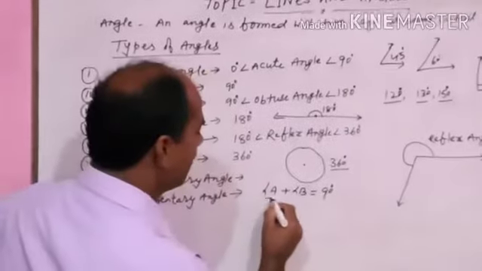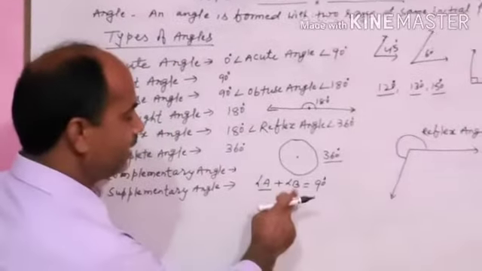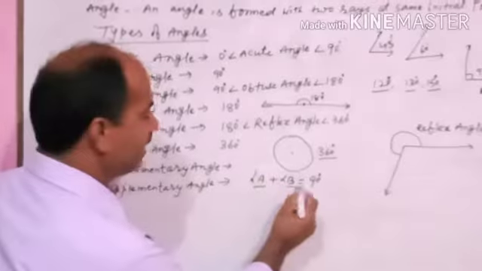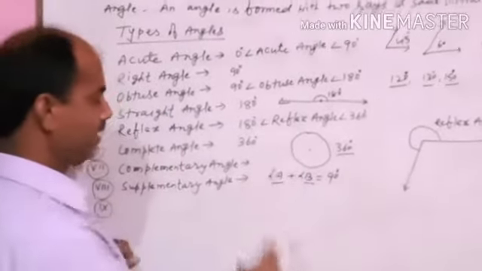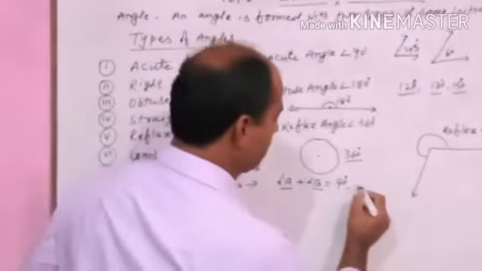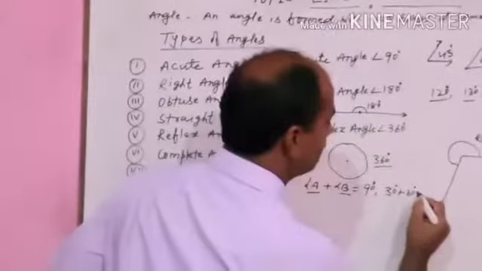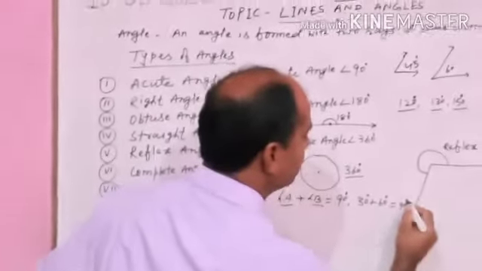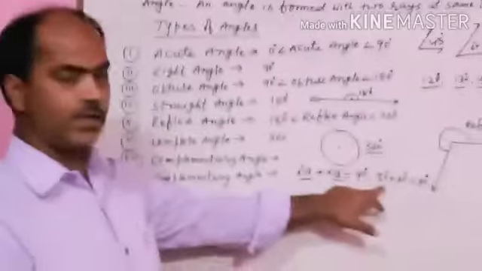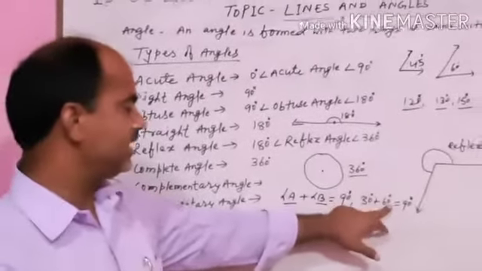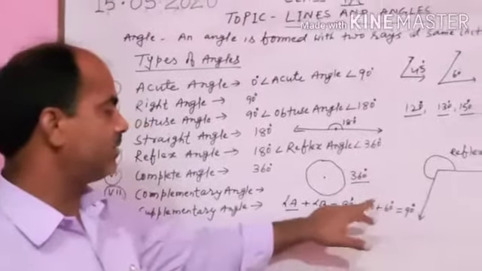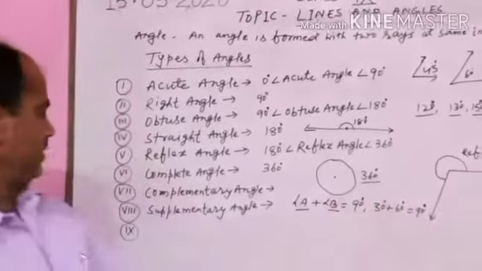It means angle A is complementary of angle B and angle B is complementary of angle A. As another example, 30 degree plus 60 degree equal to 90 degree. It means 30 degree is the complementary of 60 degree and 60 degree is the complementary of 30 degree.